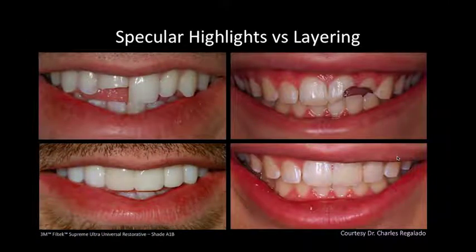So now let's talk about specular highlights, the bright spots of light that reflect off the teeth, versus layering. By layering, I'm talking about polychromatic layering of composites. On the left side, we have a patient that has a fractured central incisor. There's a preoperative photograph on the top and a postoperative photograph on the bottom.